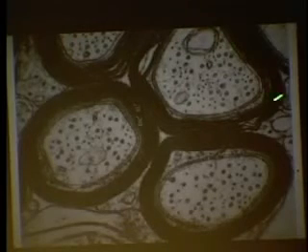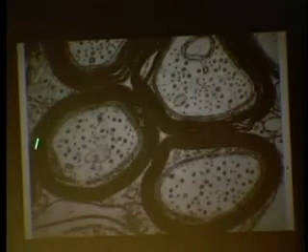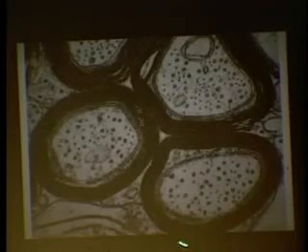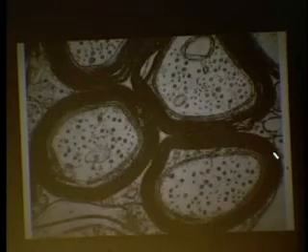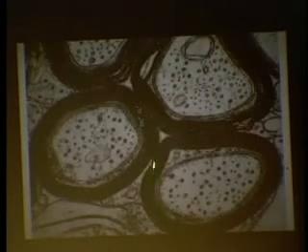So what surrounds and makes layers around the nerve fibers? No. Myelin. These are the concentric rings of myelin.